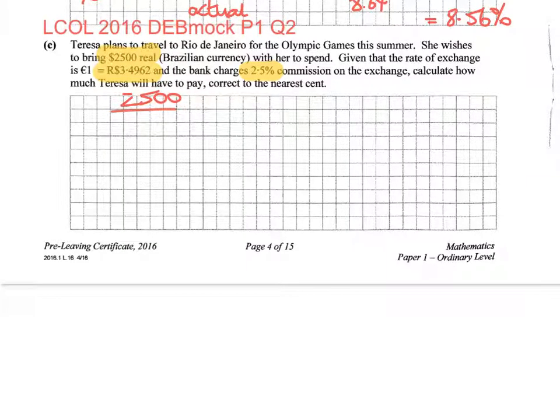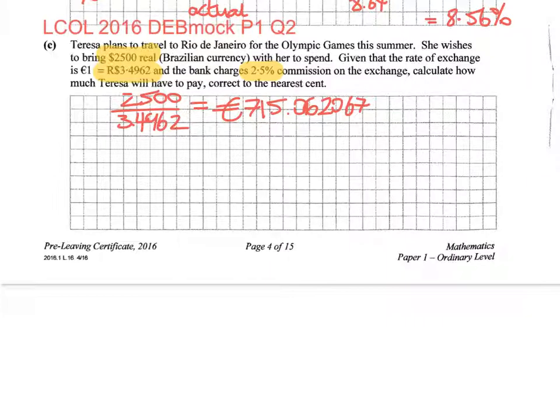That'll give me how many euros there are. So if I divide that 2,500 by the exchange rate, 715 euros and 6 cents basically is how much the $2,500 actually is equal to.